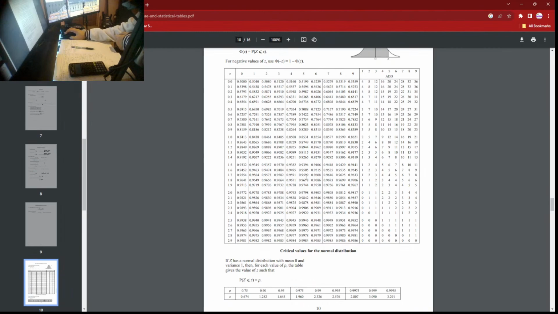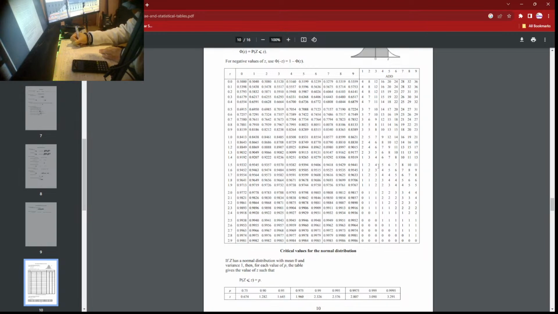Oh, sorry, that's 1.706, 0.9559, which is equals to 1 minus 0.9559, 0.0441, and this is less than 0.05.